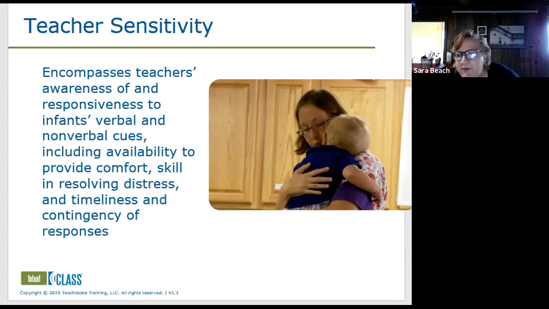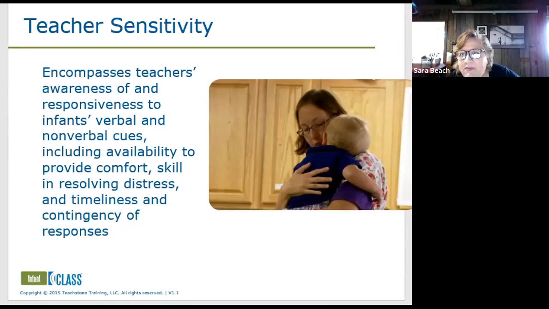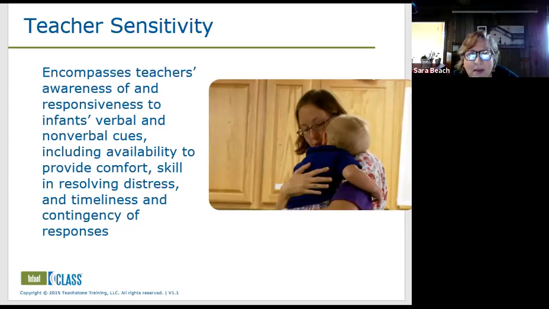So even if you did not get a chance to observe a teacher actively meeting somebody's needs, because maybe while you were observing, she was just sitting in a rocking chair feeding a baby, but everybody else was happy in the room and they were content and they were looking at her and coming up to her from time to time, that would give you a pretty clear indication, wouldn't it? That those children are used to being attended to.